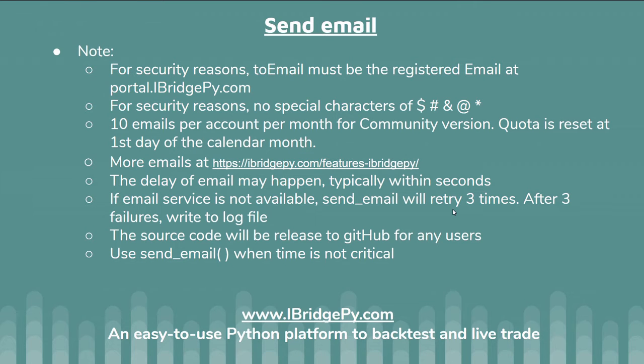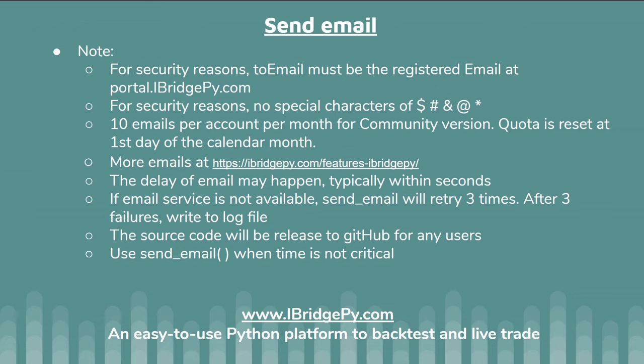Emails. The first thing is that the function has a to email field when the function is designed, but for security reasons, the to email field must be the registered email at portal.ibridgepy.com.